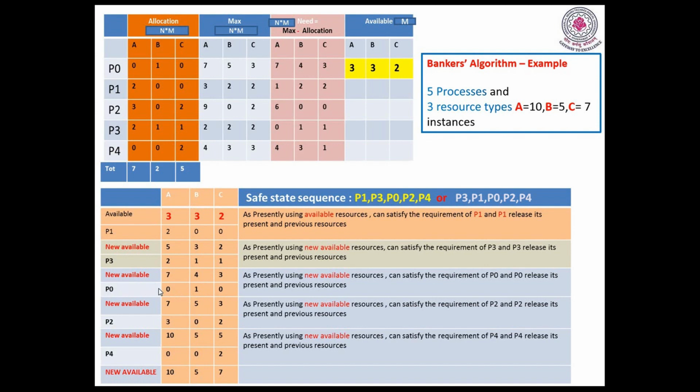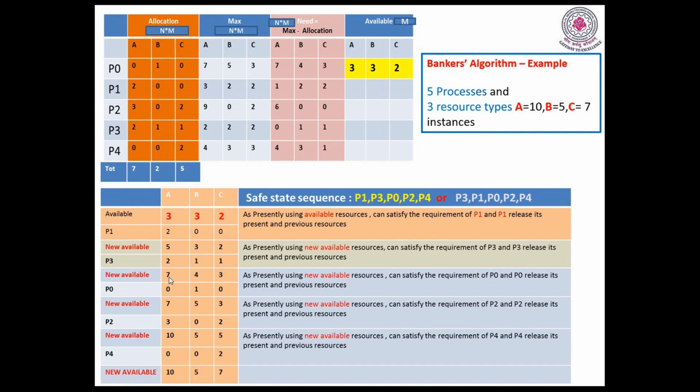Once P0 task is completed, previously allocated resources must be released. Once release the resources, those resources I must add to the newly available resources. So presently available 743 and P0 previously allocated 0, 1, 0. Look here 0, 1, 0.